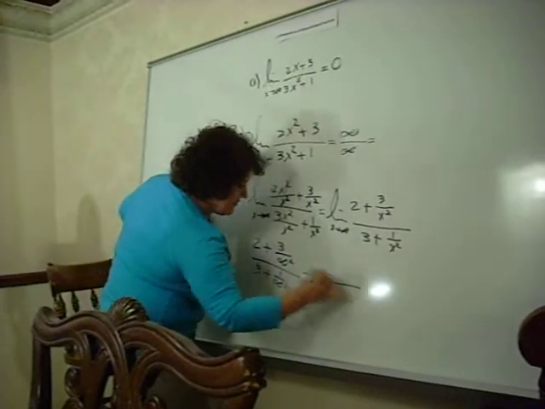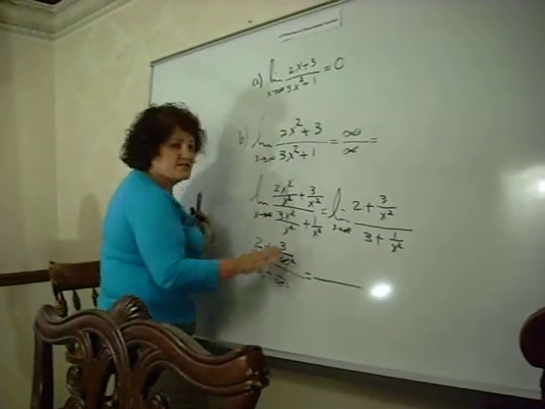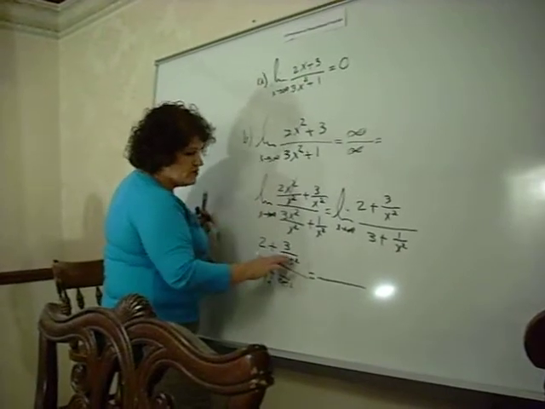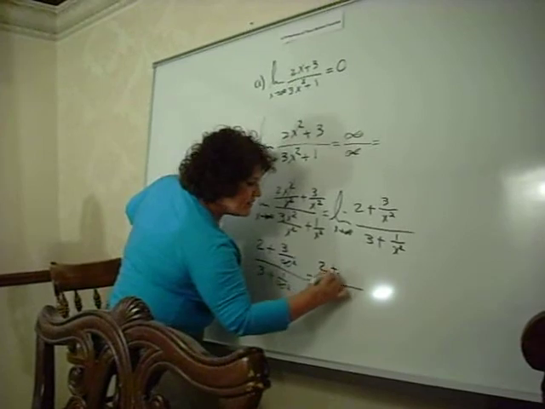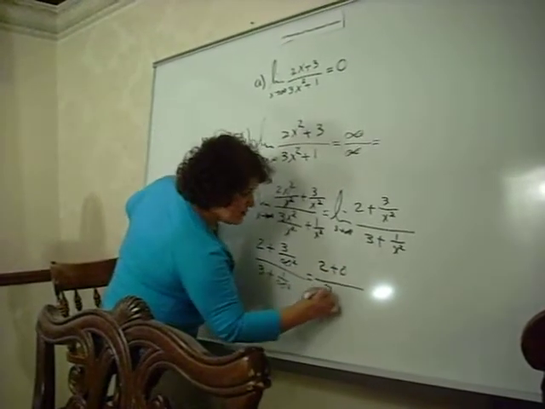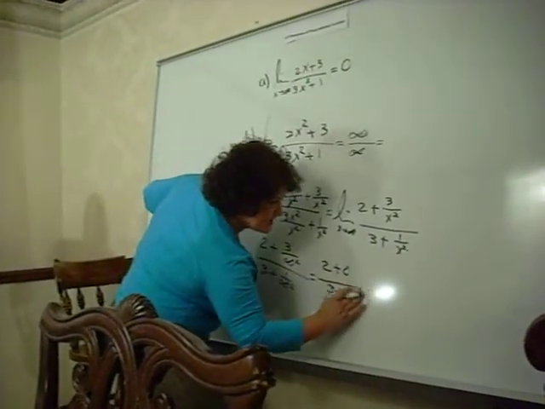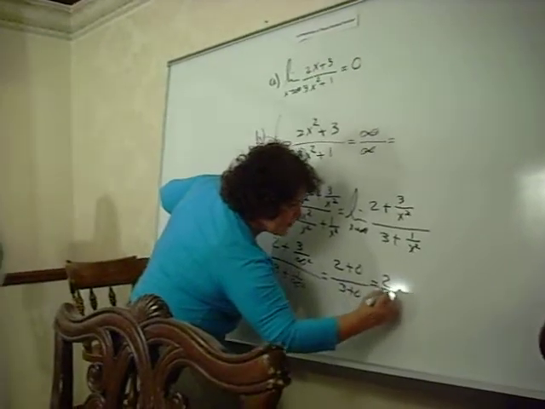One more time, 3 divided by a big number, because we are doing a limit, is almost 0. So 2 plus 0 over 3 plus 0, and the answer is 2 over 3.